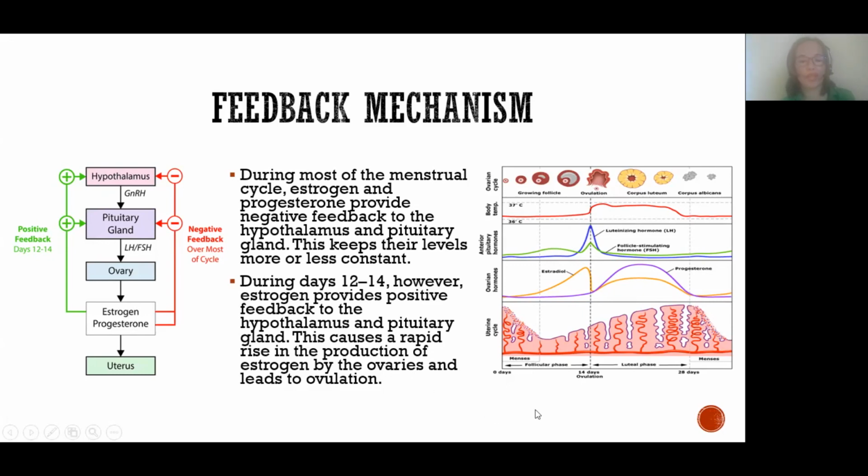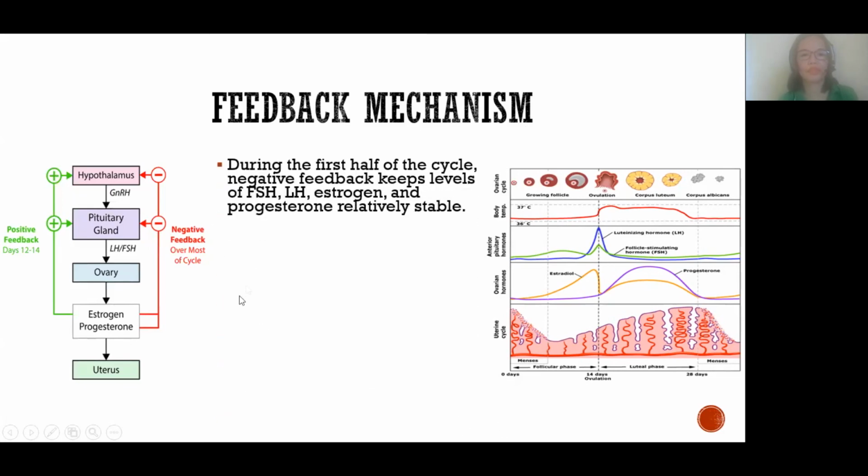Okay? And then during the first half of the cycle, negative feedback keeps the level of follicle stimulating hormone, luteinizing hormone, estrogen and progesterone constant or stable.